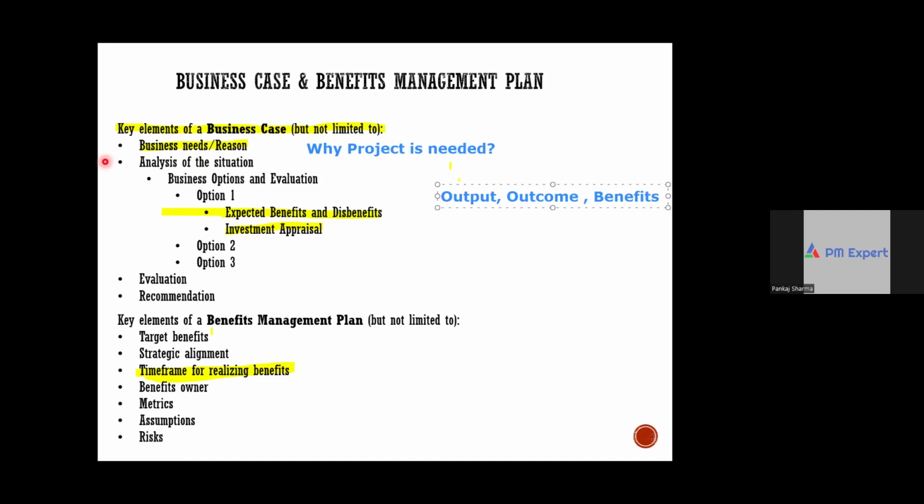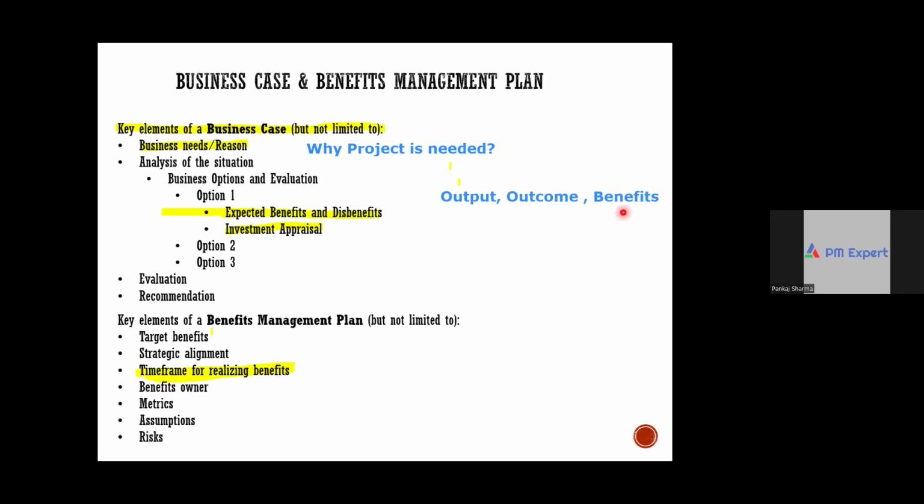Project deliverables are outputs, and the change that they enable is an outcome, and the measurable value of that change is called a benefit.